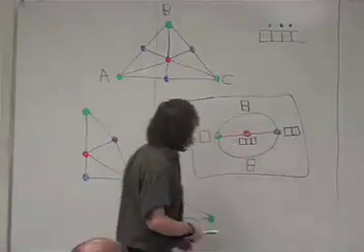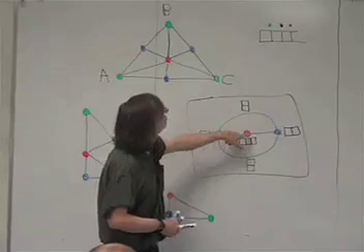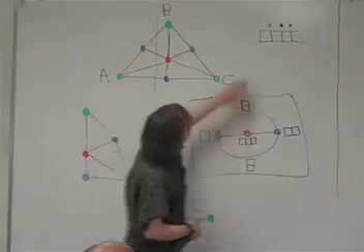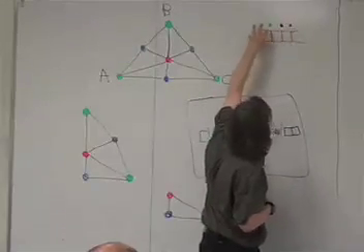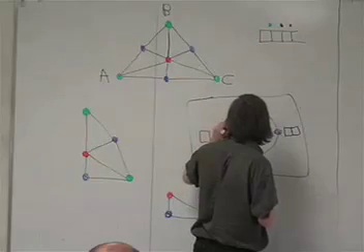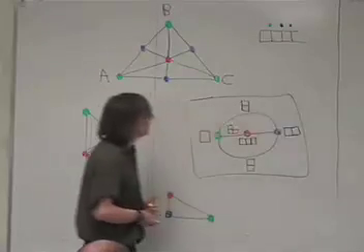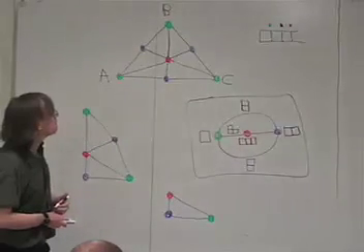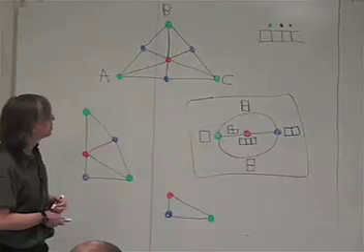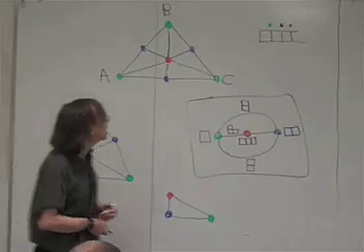And so going from green to red, we're including that separation, so it's 1 on top of 2. Going from blue to red, we have 2 on top of 1.